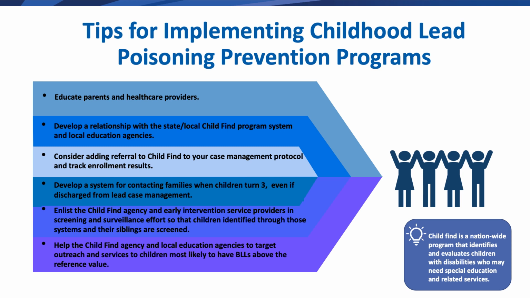Working in collaboration will enable the Child Find Agency to target outreach and services to children most likely to have blood lead levels above the reference value. Work with the Child Find Agency and inform them where the children in your caseload live. They can do some targeting on their end and can be on the lookout for children that may be more likely to have a developmental issue.